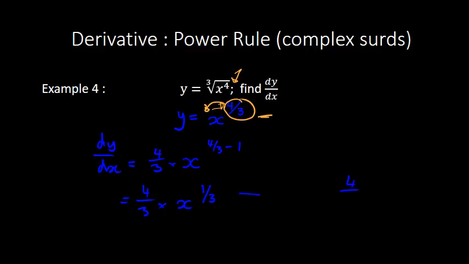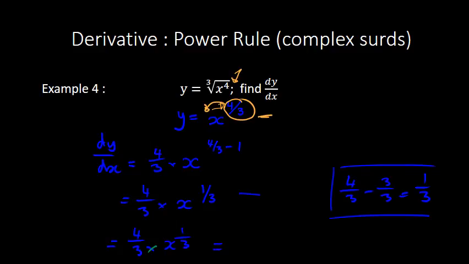That is 4/3 minus 1, or 3/3, is 1/3. To complete the question, it'll be 4/3 of x to the power of 1/3. Everything that is on the numerator, which is a 4x to the power of 1/3 over 3, or 4 cubic root of x over 3.